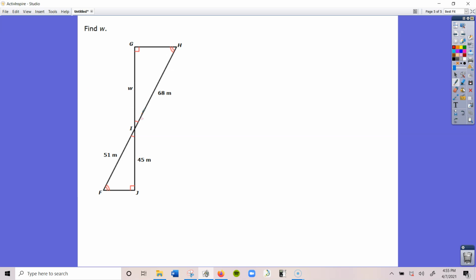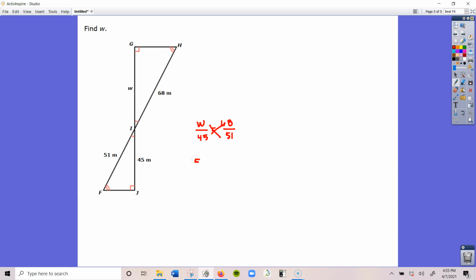So W corresponds to 45. So I'm going to go big to small. So W over 45 is going to equal to, and now we use the other corresponding sides. Since I went big to small, I have to go big to small again. So 68 over 51. Now we cross multiply.